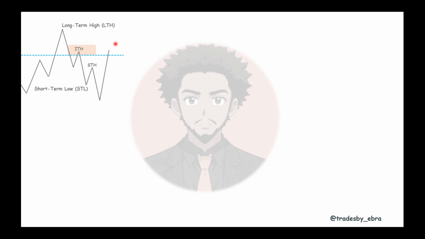Now let us say you anticipate price not taking out that short-term high. In basic price structure this is a lower high, but first we call it a short-term high. If it trades into an imbalance, we hold it as an intermediate high.